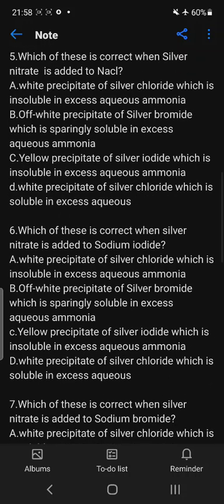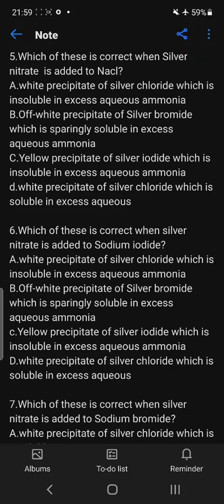Number 6: which of these is correct when silver nitrate is added to sodium iodide? When silver nitrate is added to sodium iodide, there's liberation of a yellow precipitate. White precipitate is silver chloride, but yellow precipitate is silver iodide.